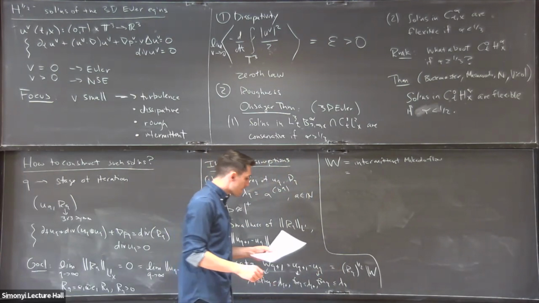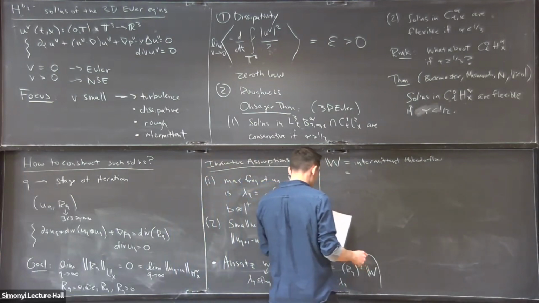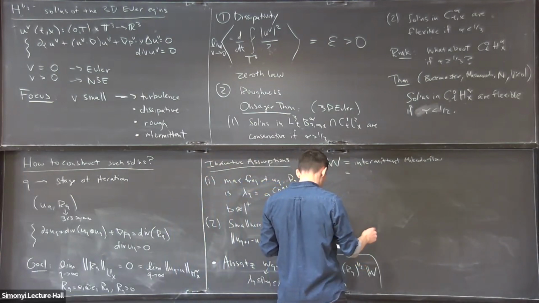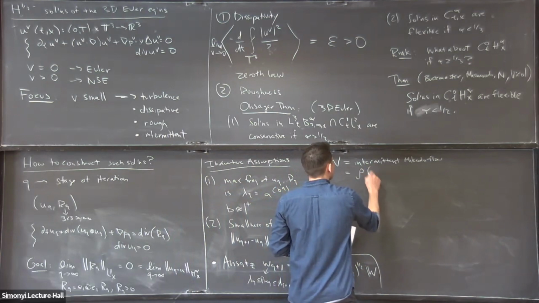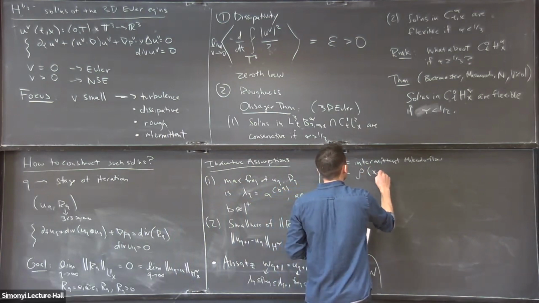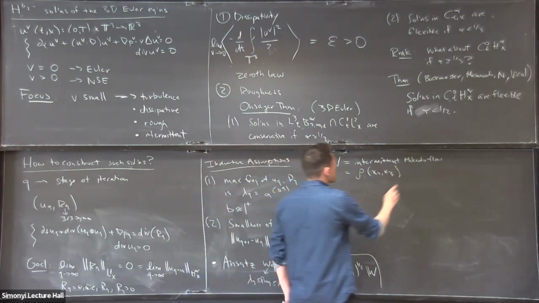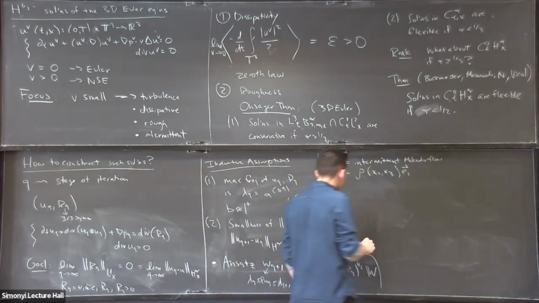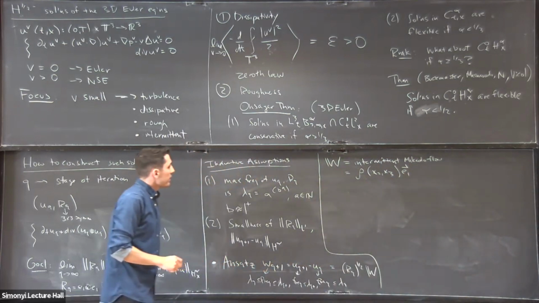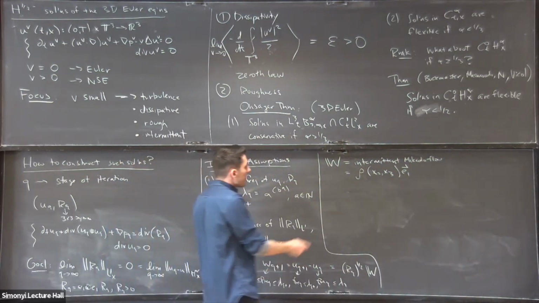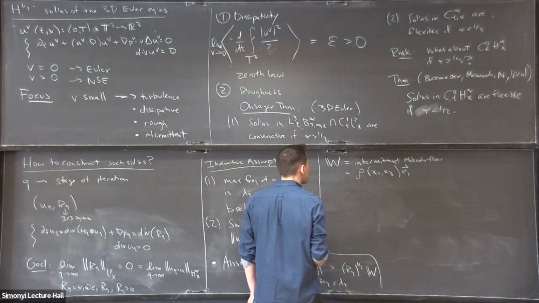It's just a shear flow, a particular type of shear flow. So I'll say it's some function rho of the second and third variables times the vector E1. And let me tell you what rho looks like.